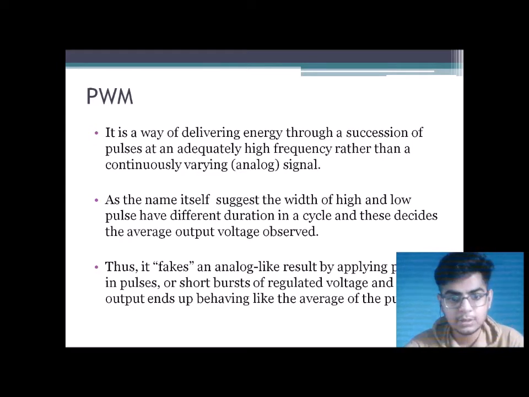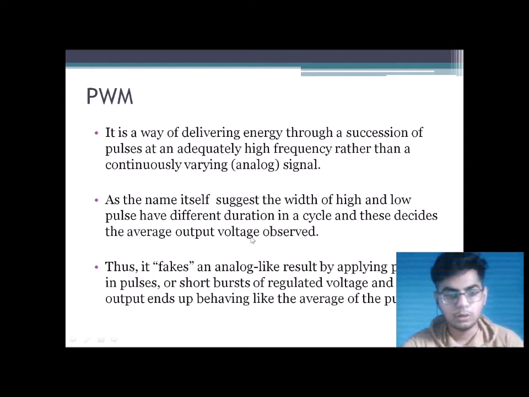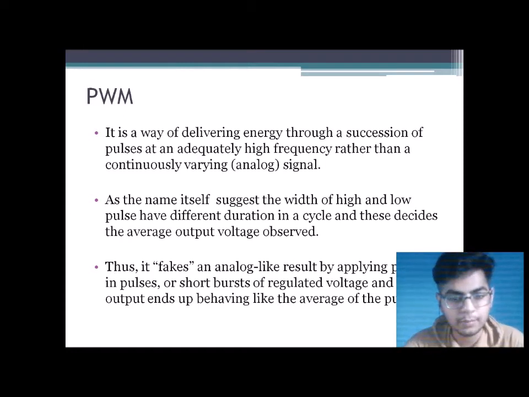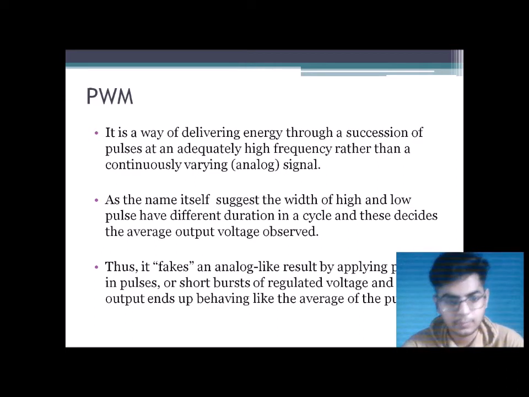And as the name suggests, the width of the high and low pulse have different durations in a cycle, and this decides the average output voltage observed. So, still analogous to the fan case, if we keep the switch on for a long time and off for a short time, obviously the fan will gain more saturation speed.